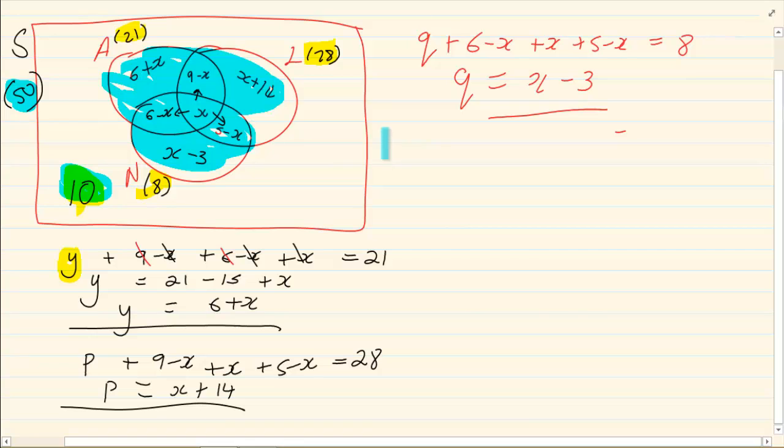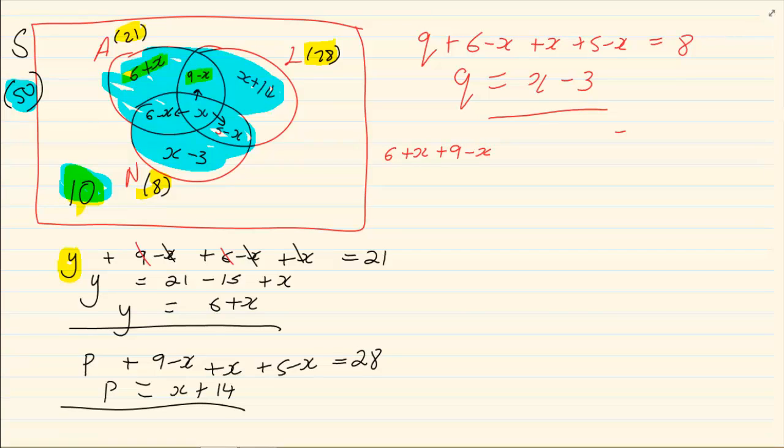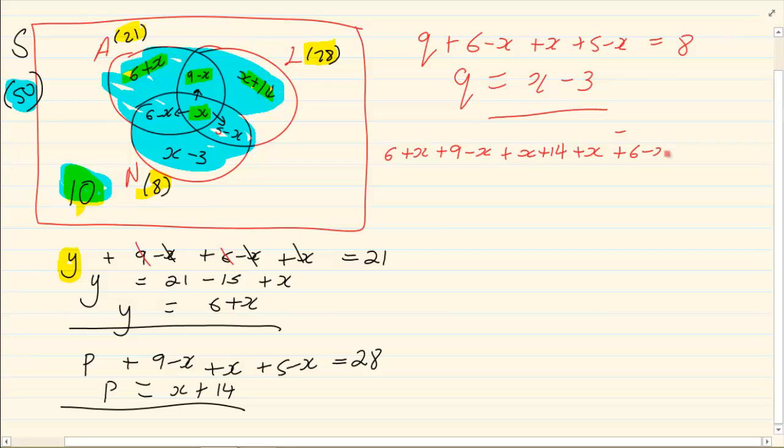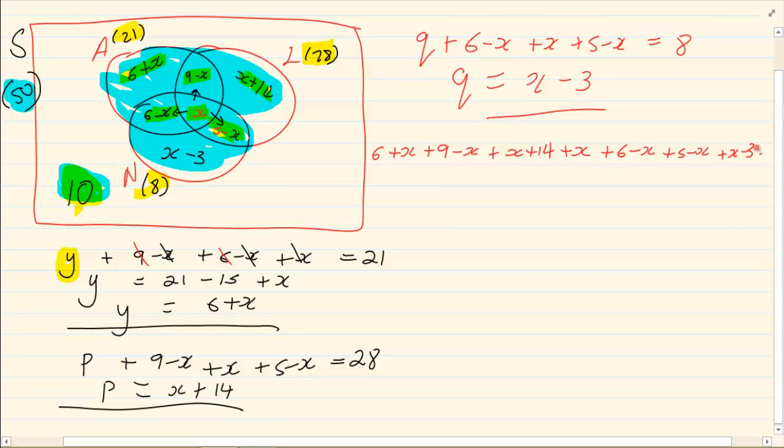So let's write it down. We have 6 plus x, so I've taken that one, plus 9 minus x, then plus x plus 14, plus x, plus 6 minus x, plus 5 minus x, plus x minus 3, plus your 10.